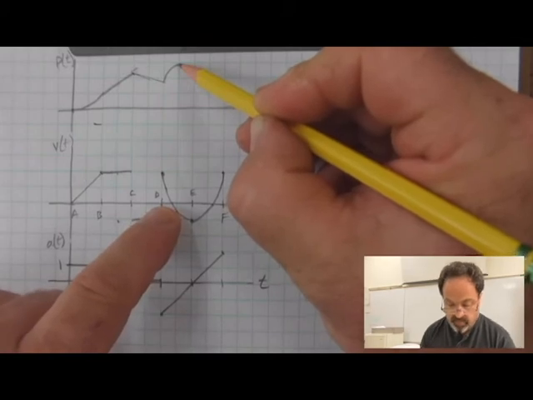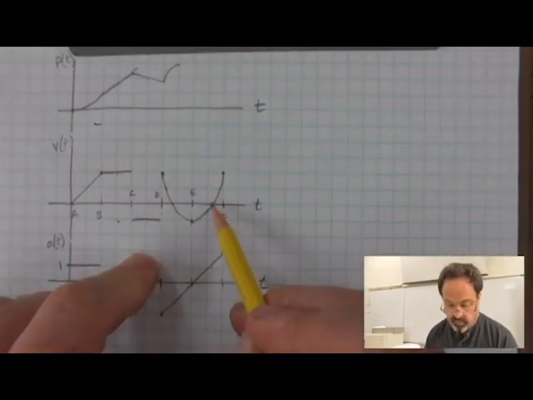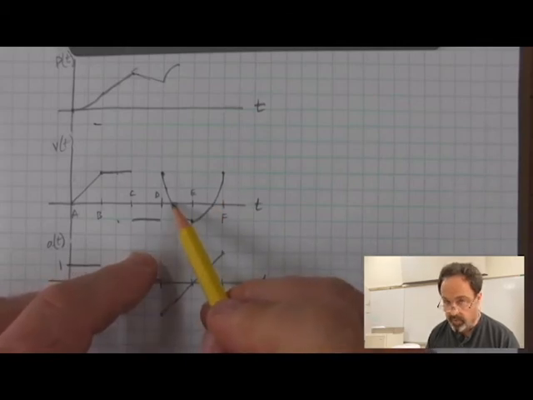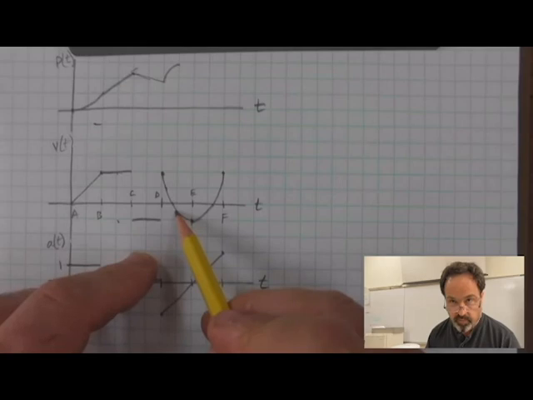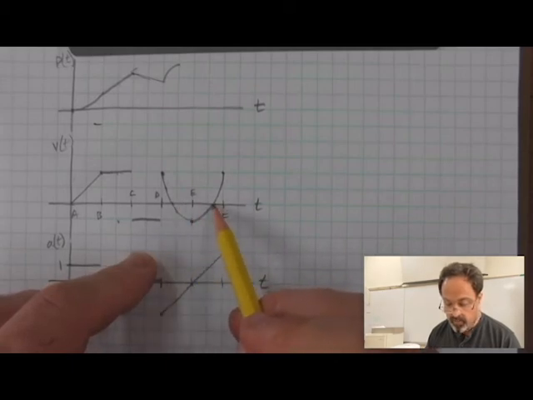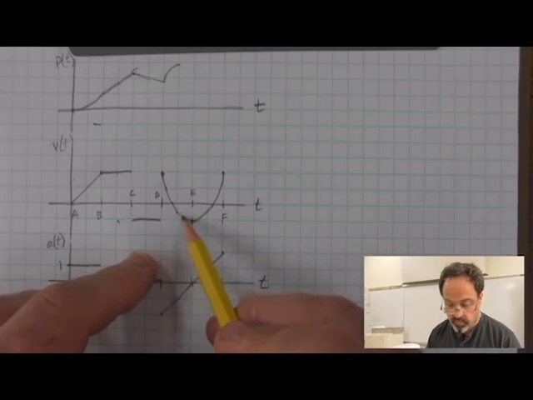Then, when the velocity is negative between these 2 points, we're going to go backwards. But we're not going backwards at the same rate. We're going to have very slow backward movement, and then our backward movement is going to get pretty intense here. And then our backward movement is going to continue, but it's going to slow down until we stop. So we have backward movement that changes from being slow to fairly fast, back to slow again.